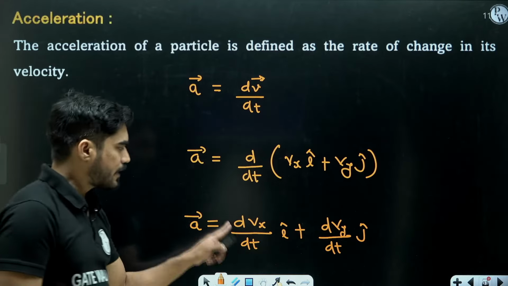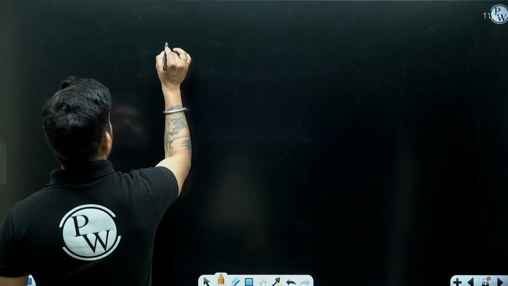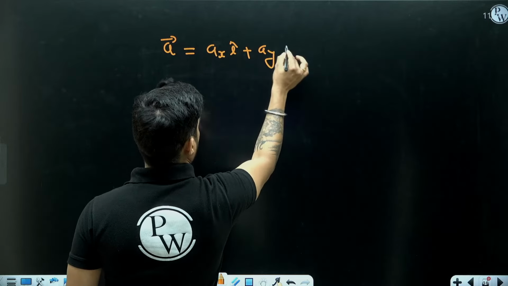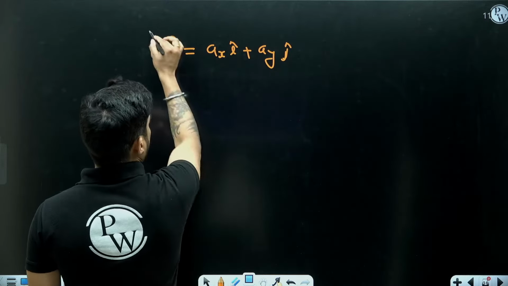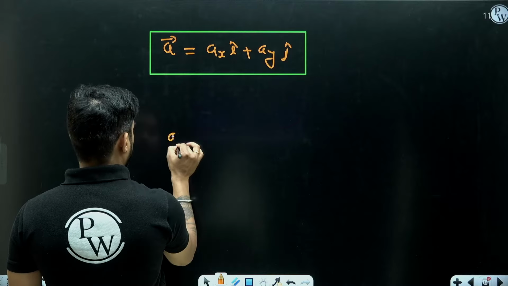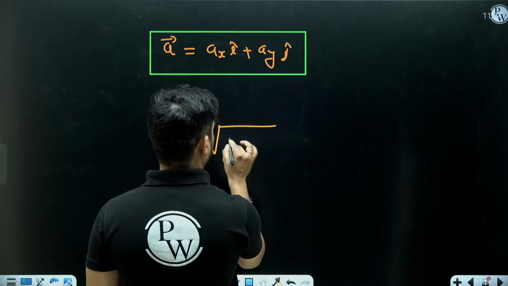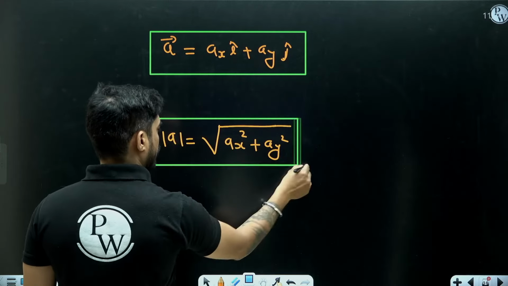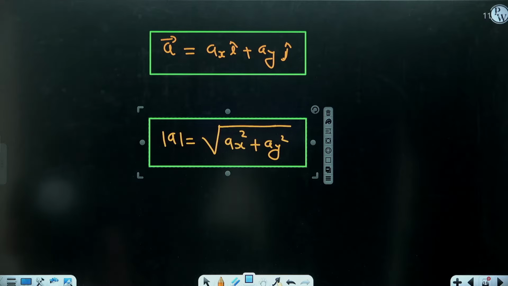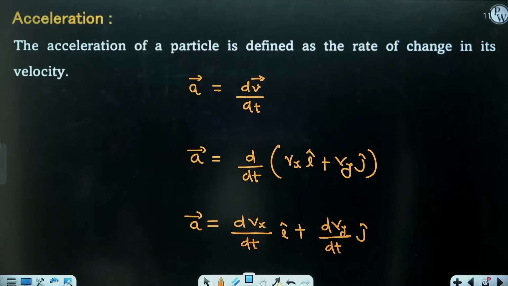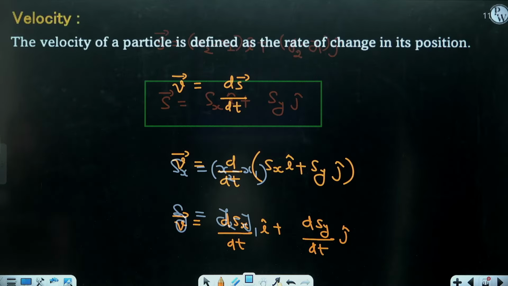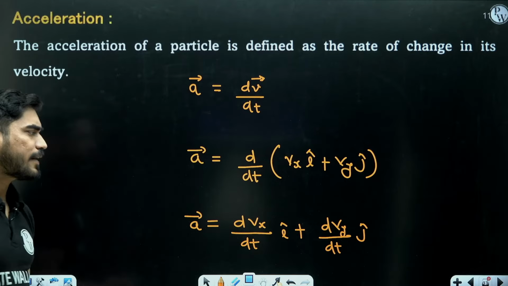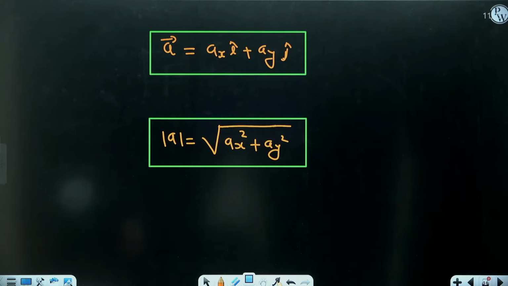It is acceleration in x, and dVy by dt is acceleration in y. So you have got the acceleration, and if they ask you the magnitude of acceleration, do the same thing. Take the resultant of ax and ay. Very simple. I hope it is clear to you how to find the motion variables in case of curvilinear translational motion. Let's solve a few problems in order to have a better idea.